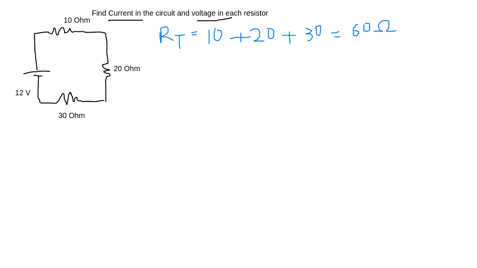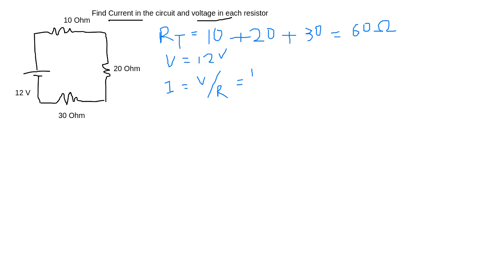Now the voltage is given in the question, V total is 12 volt. Oh, very smart, Abdul Rahman, Jazakallah khair. The first thing is we have to find the current. And how will we calculate current? We know Ohm's law. What is Ohm's law? I equals V by R. Now we have V, V is 12.